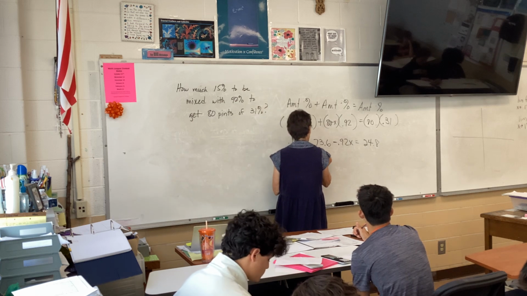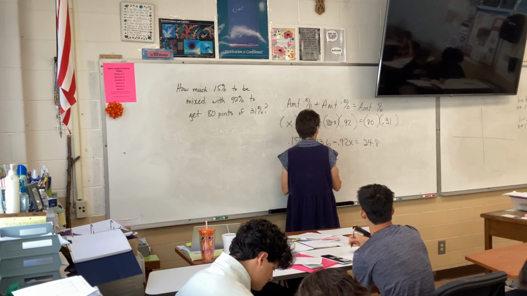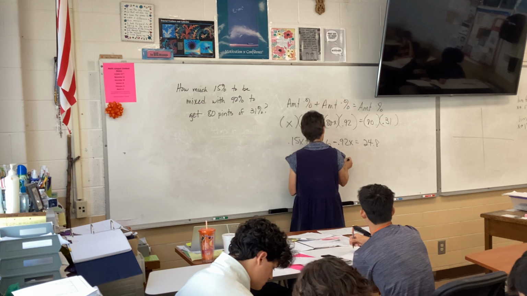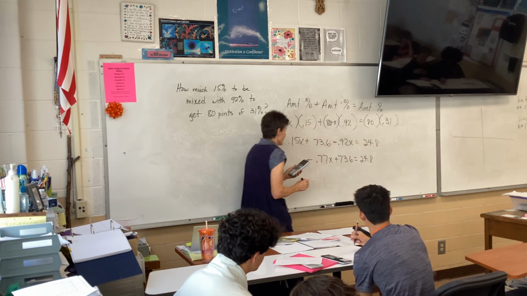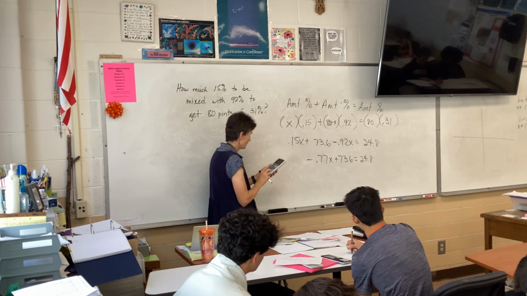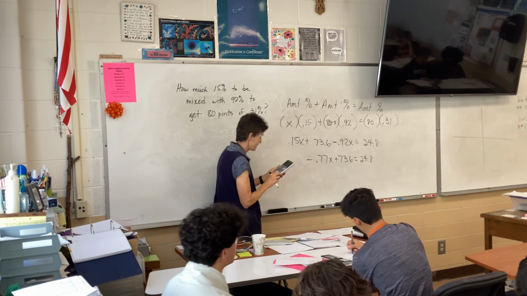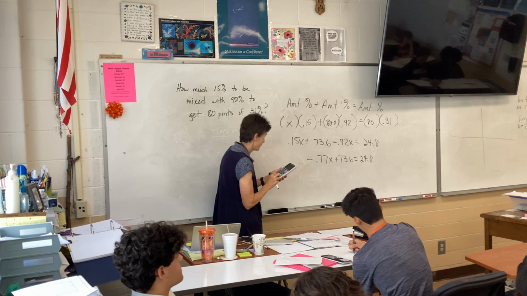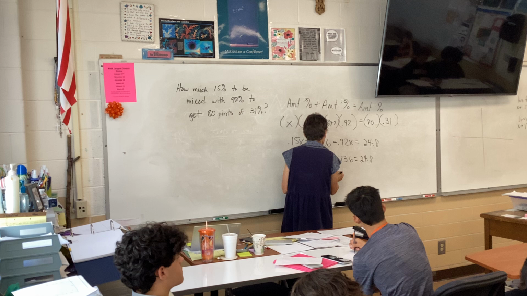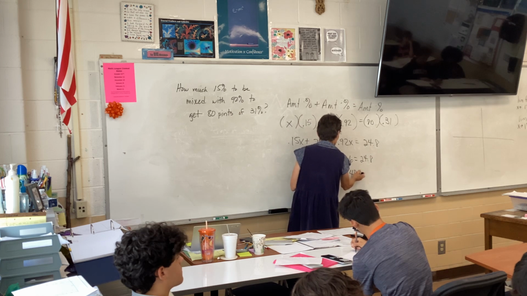So negative 0.77x. By the way, 77 was a great year. That's when I graduated from high school. Yes, people, I am aged. So negative 0.77x equals negative 48.8.